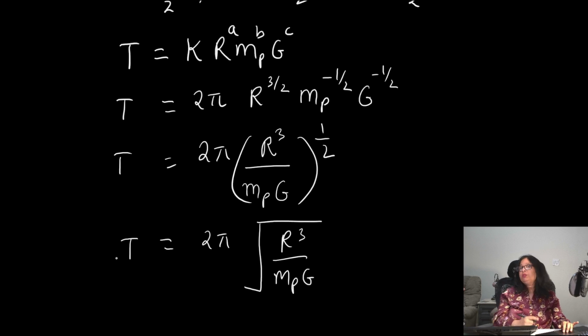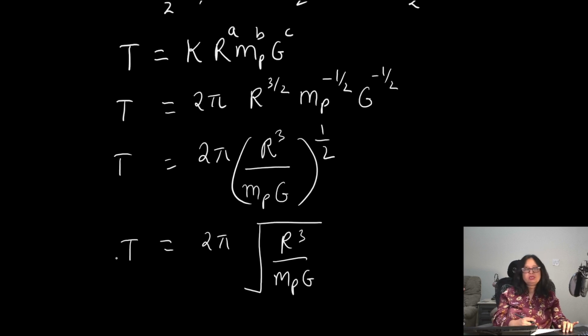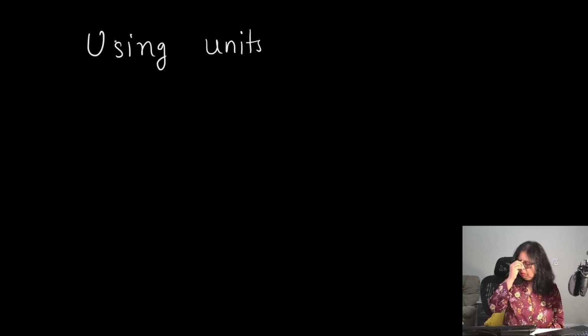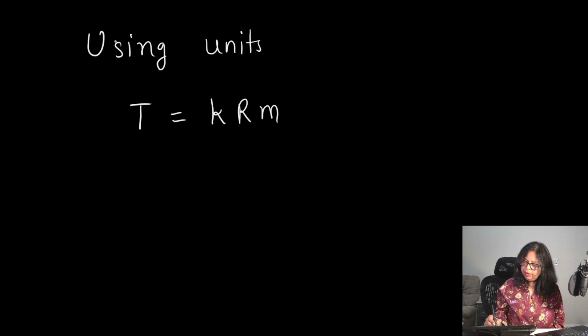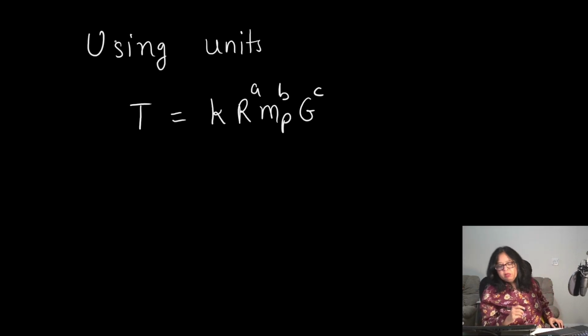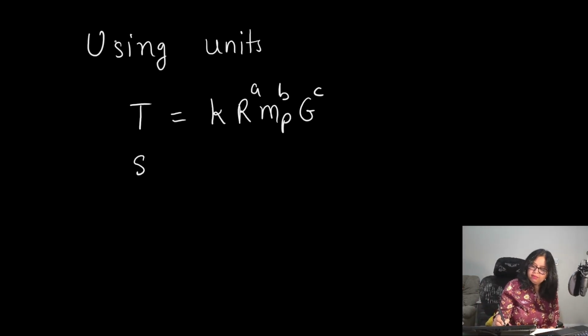You want to do it using the units now? Let's go ahead and do it. Using units. T equals K times R^A, M_P^B, G^C. Okay. Units of time period, seconds.